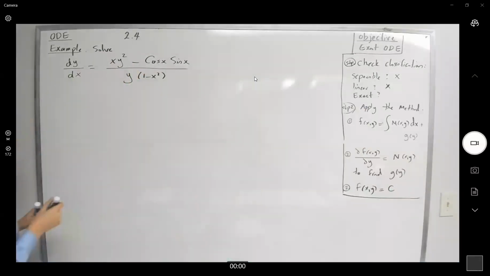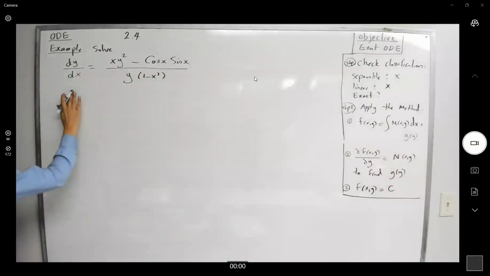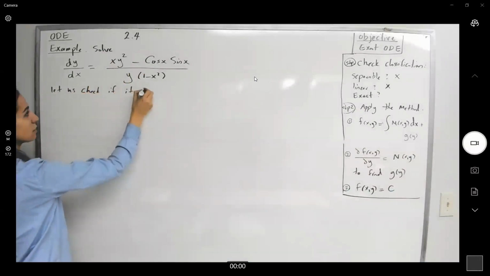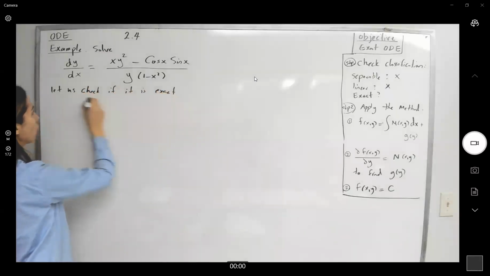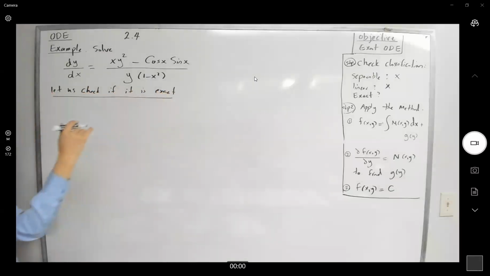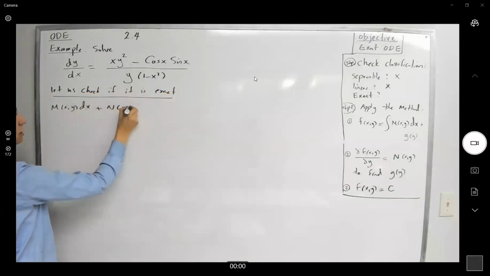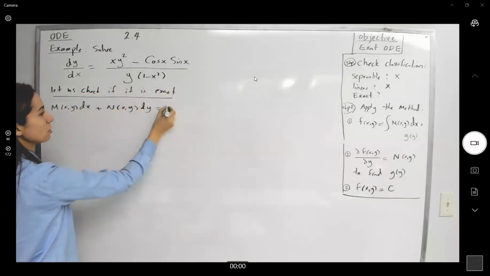Let's check to see if it's exact or not. Remember the definition of an exact differential equation: M of x and y dx plus N of x and y dy is equal to 0.